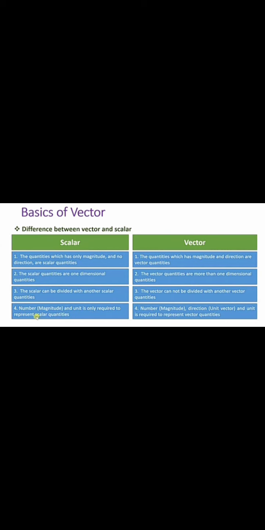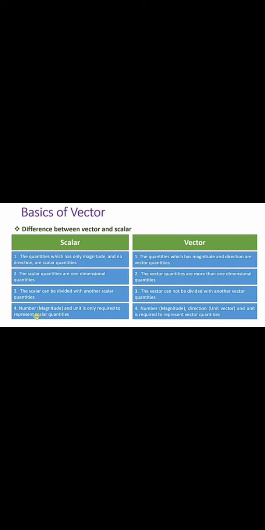Next one: while we are representing a vector quantity, number, direction and unit are required to represent a vector quantity.